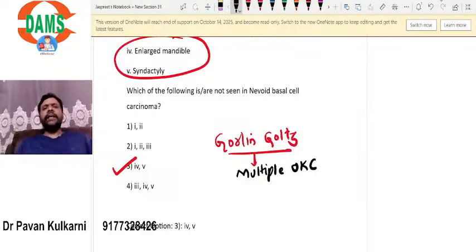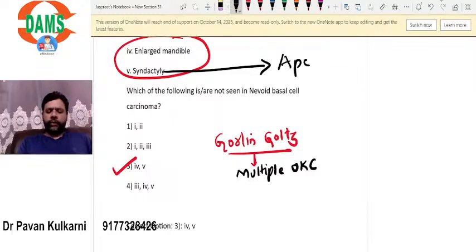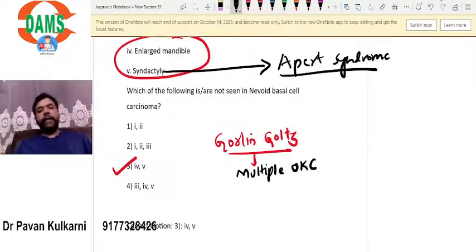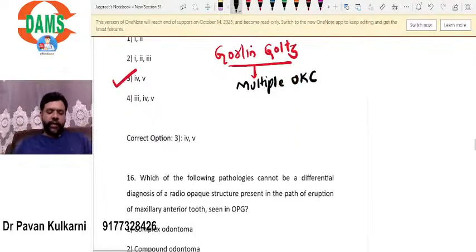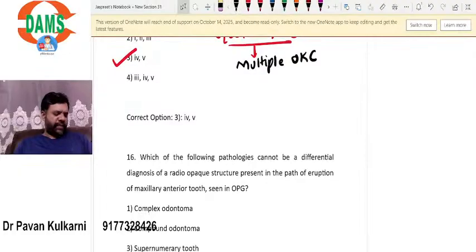What is syndactyly? Syndactyly is nothing but fusion of the digits or fingers. This syndactyly is typically seen in patients of Apert syndrome. This is what nevoid basal cell carcinoma syndrome or NBCC is.